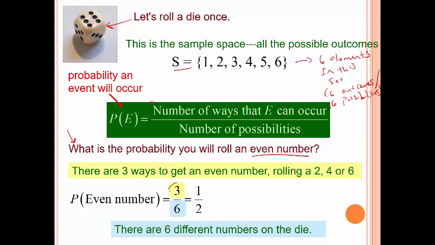There are 3 ways to roll an even number: the 2, 4, 6. That's the number of ways E can occur, and the total number of possible outcomes is 6. So this is 3 divided by 6, or 1/2, or as a decimal, 0.50. That's it: just the number of ways whatever event you're interested in can occur, divided by the total number of outcomes.